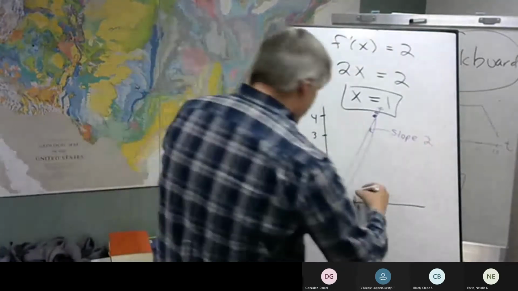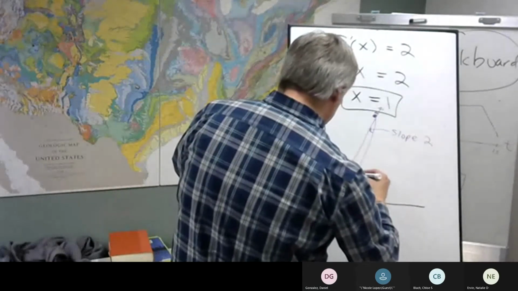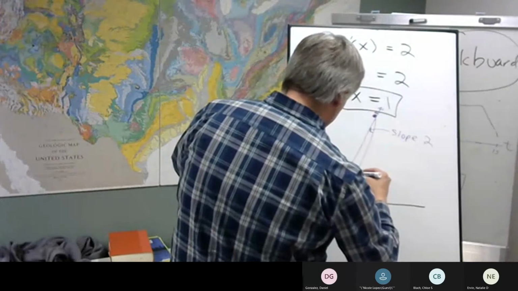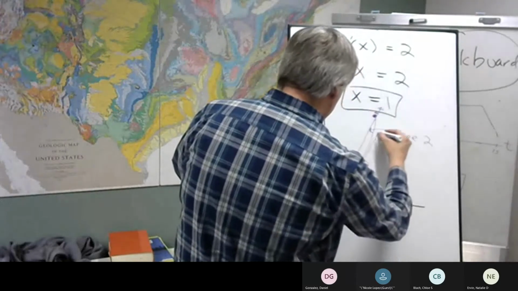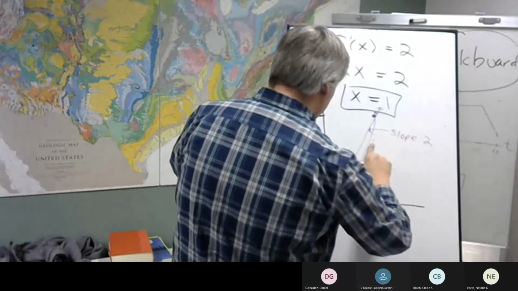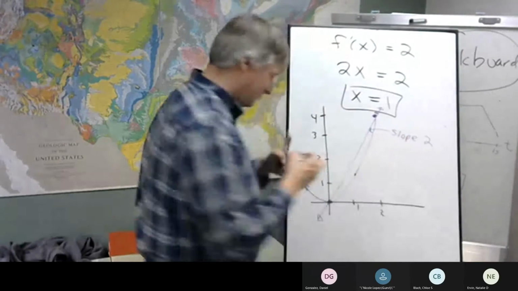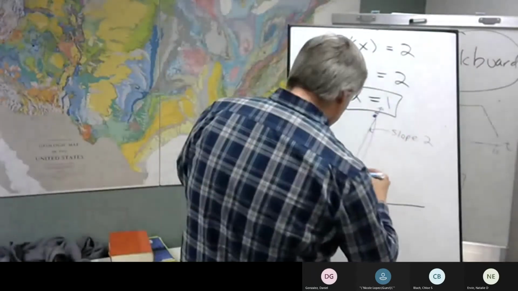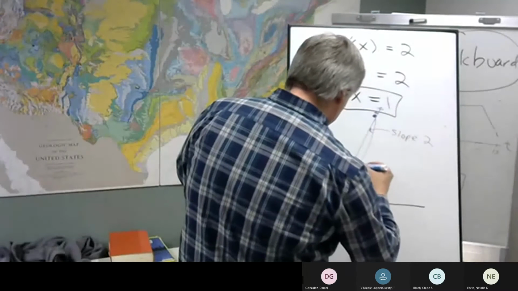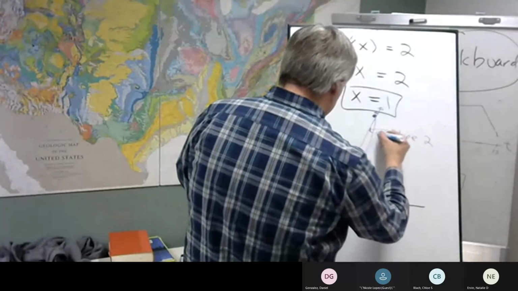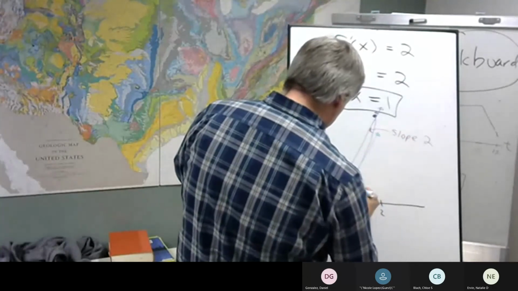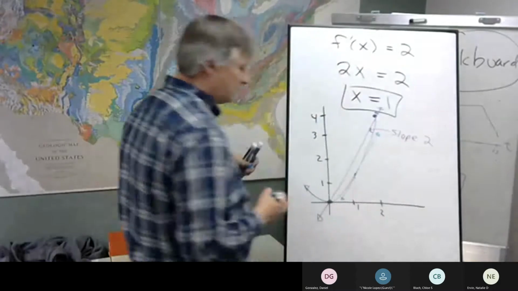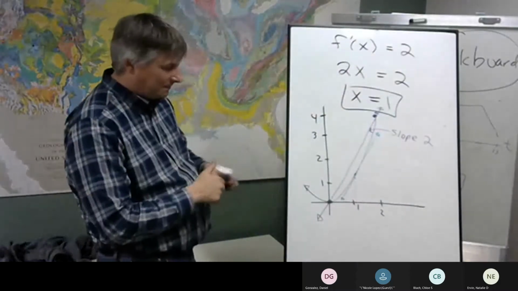Well, the tangent line, sorry, artistic license, different pen, the tangent line, it's tangent to this curve at x equals 1, would have the same slope as well.